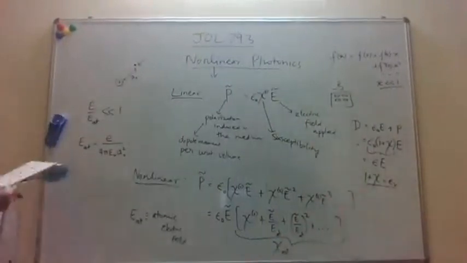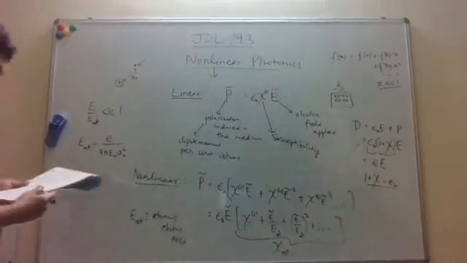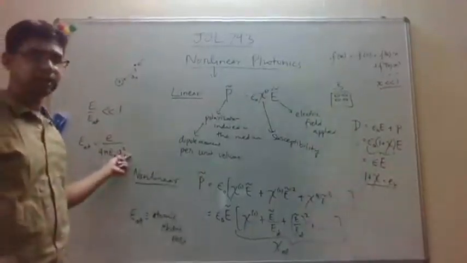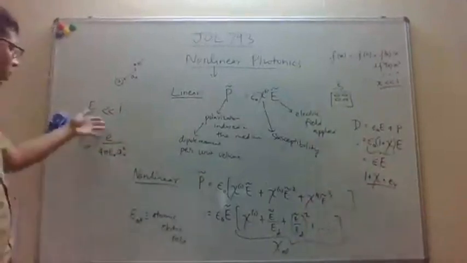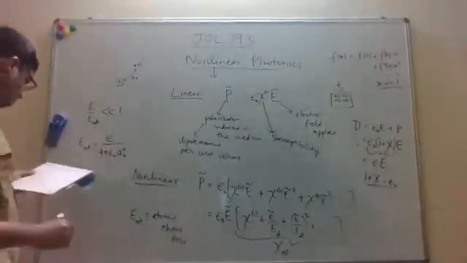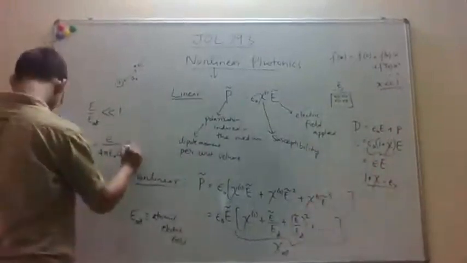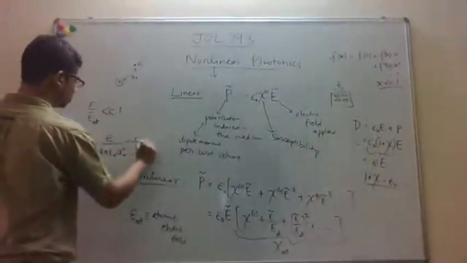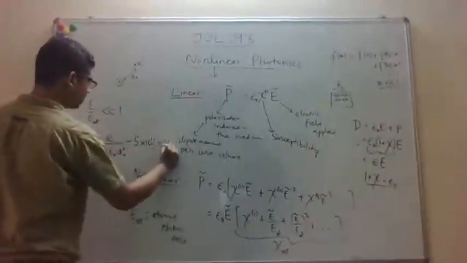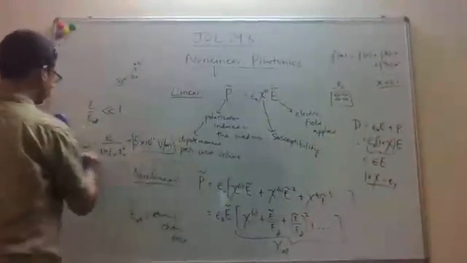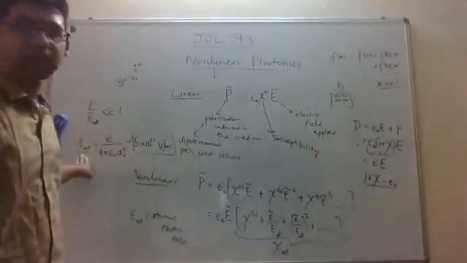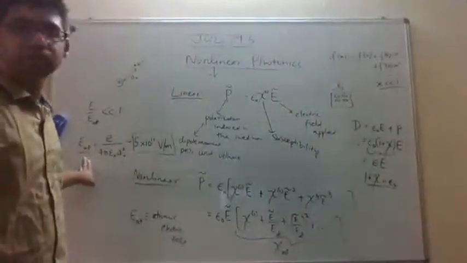Okay? So if you put in typical numbers, right? So Bohr radius is about an angstrom, 10 to the minus 10 meter. Right? You know, electronic charge, all these are constants. The value that you get is about 5 times 10 to the 11 volt per meter. Okay, that's sort of the order of the electric field felt by the electron in the atom.